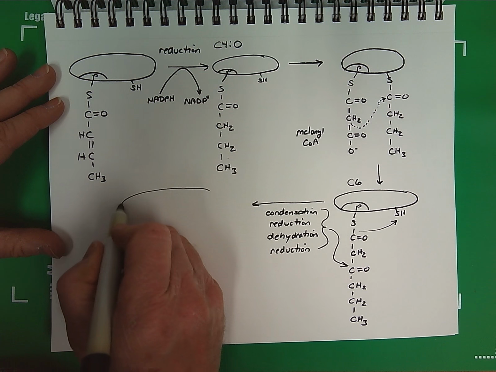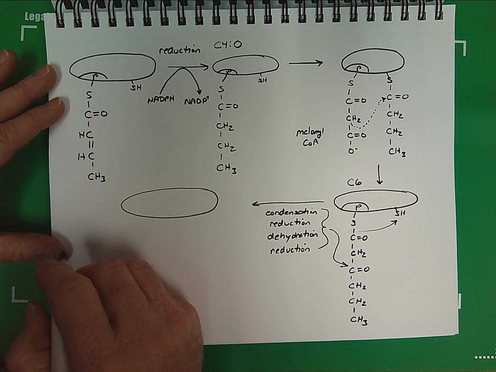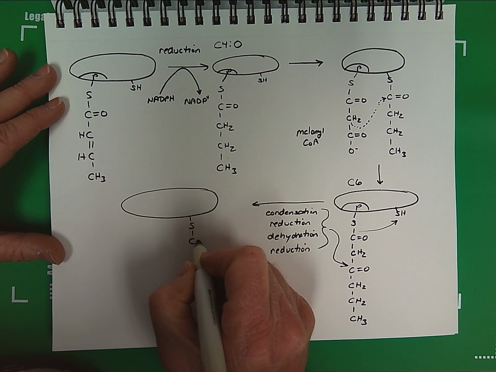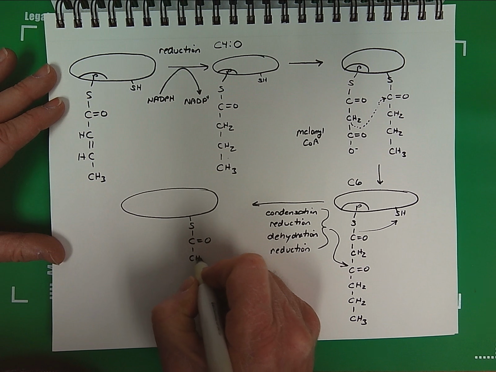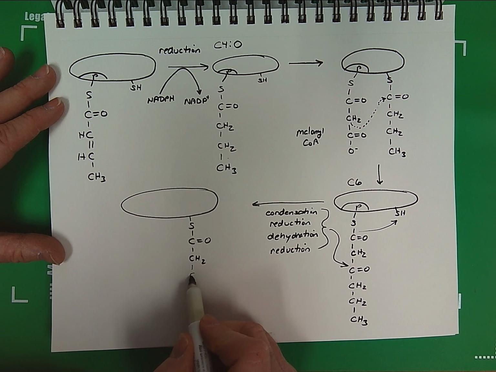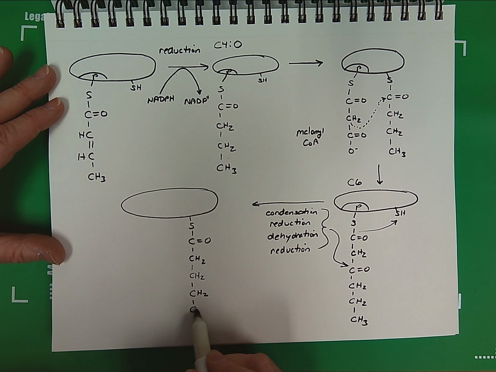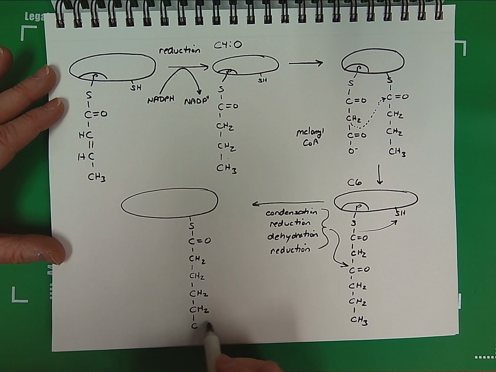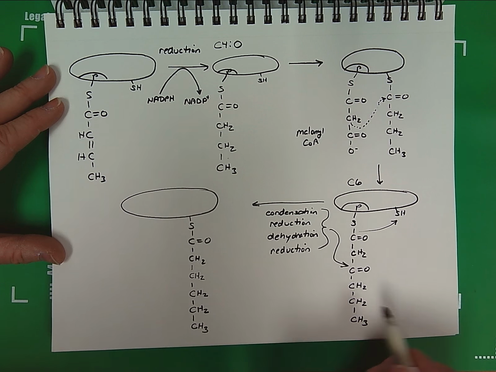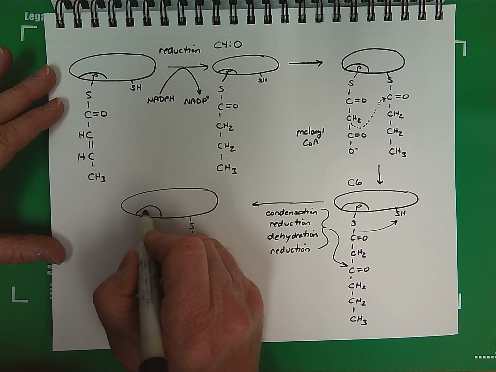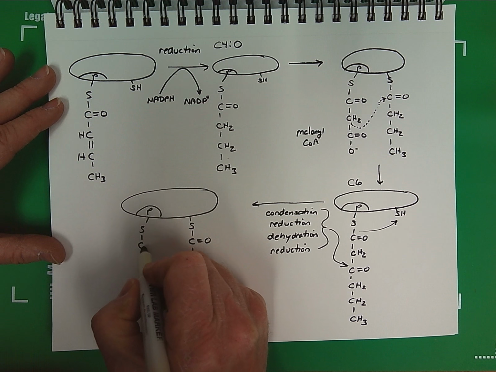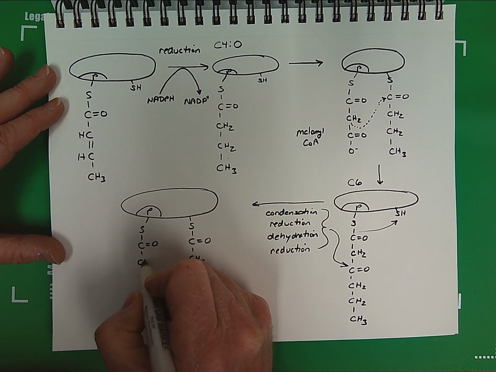What we will generate in the end of this round of reactions is to have our carbons on the sulfhydryl group with the site available for the next reaction of malonyl.